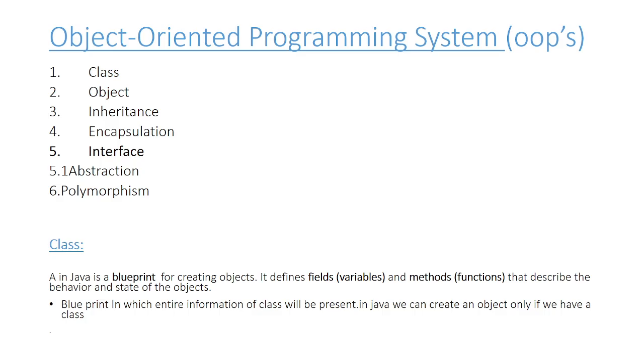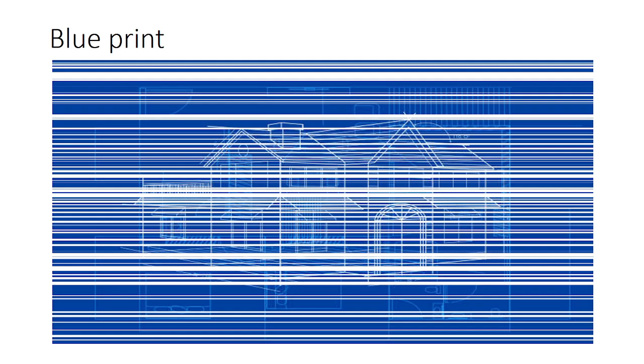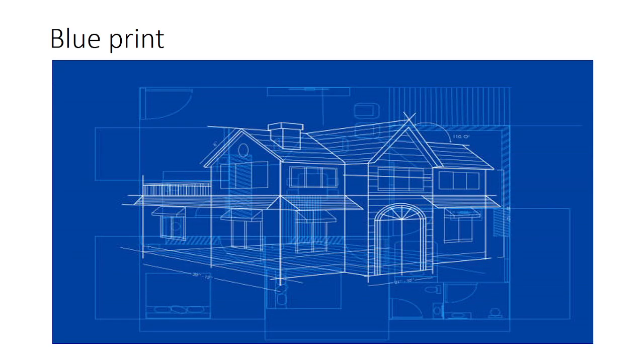Okay, suppose a Java class is one blueprint. Suppose I want to construct one house. For that purpose, first what do we have to do? Prerequisites. We have to sketch it, nothing but a blueprint. The entrance should be this way, the height should be this way, the stairs should be inside the house like this.